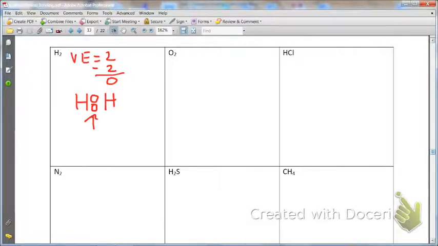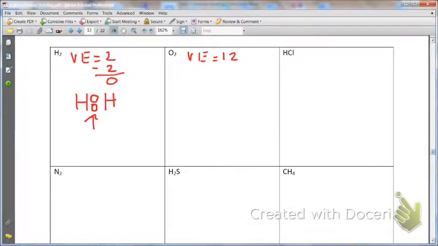Alright, let's go to our next one, oxygen. Alright, step number 1 says that we need to count up the total number of valence electrons. So each oxygen has basically 6 valence electrons, so that gives us a total valence electron number of 12.